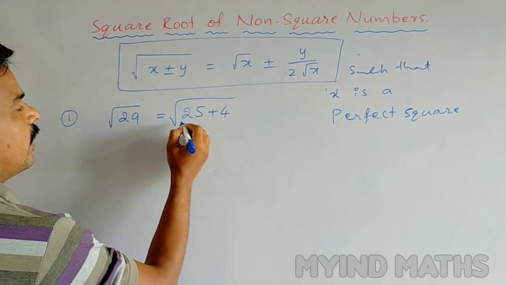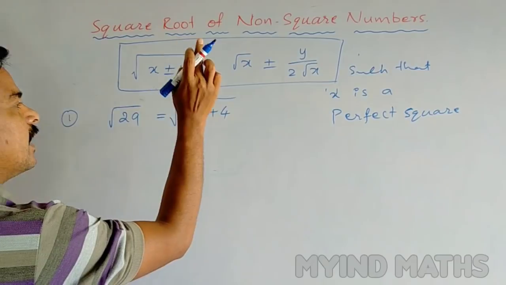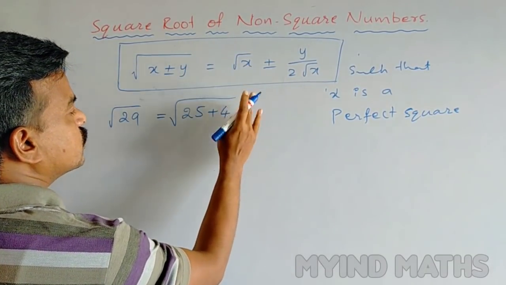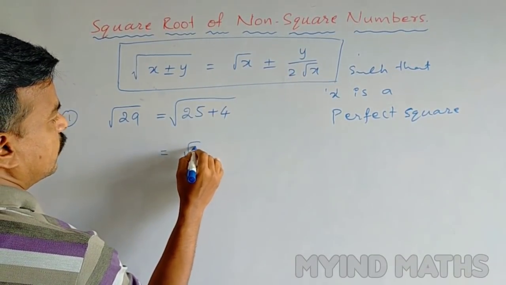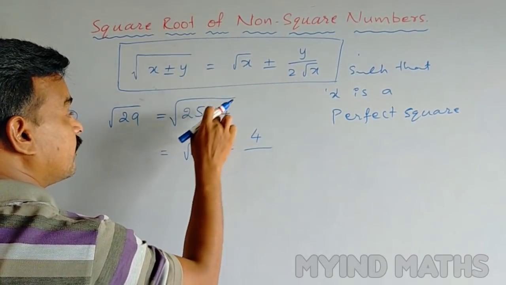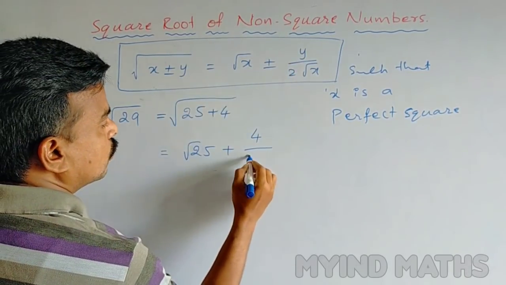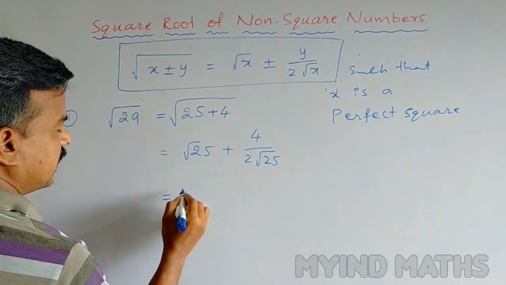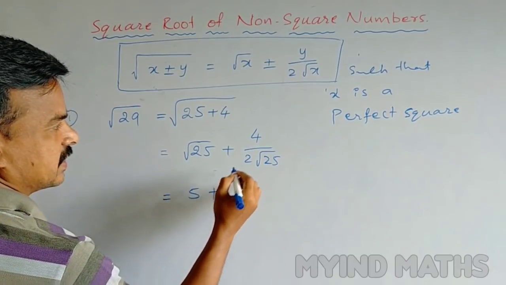Now it is in the form of square root of x plus y, so we write it with this formula: square root of 25 plus 4 by 2 into square root of 25, where y is equal to 4. The square root of 25 is 5, and plus is written as it is.